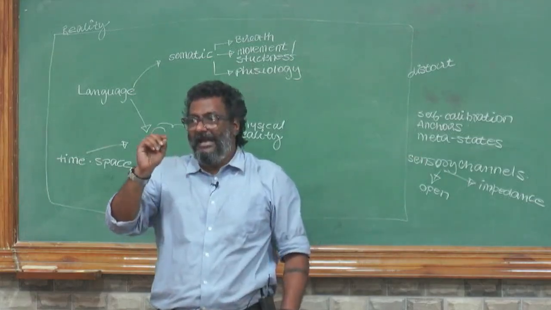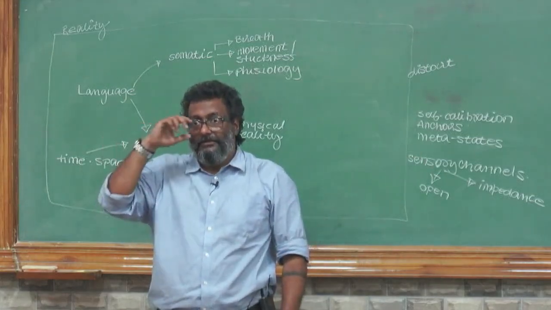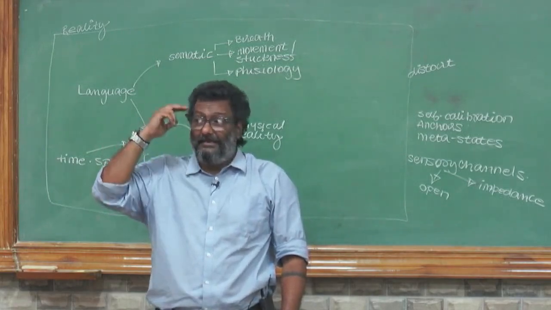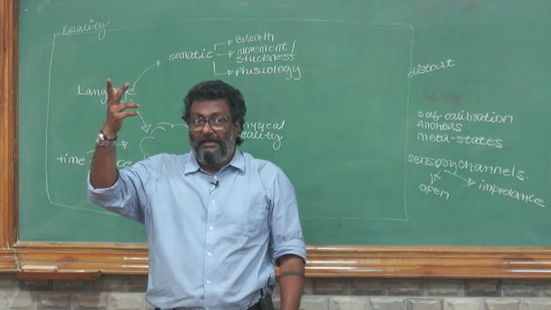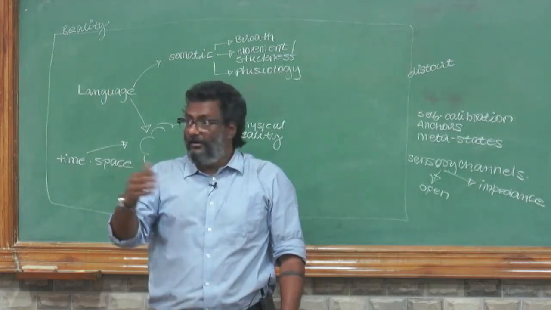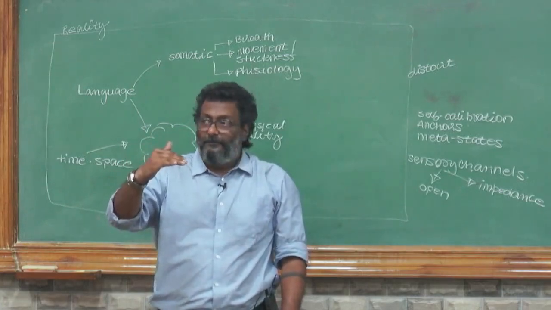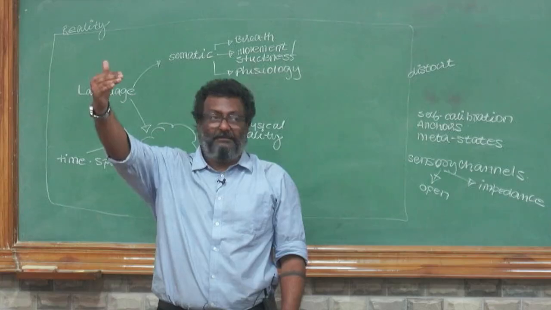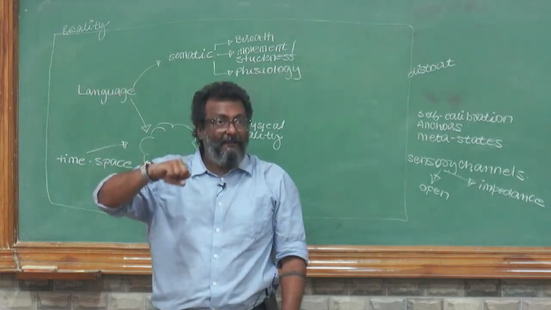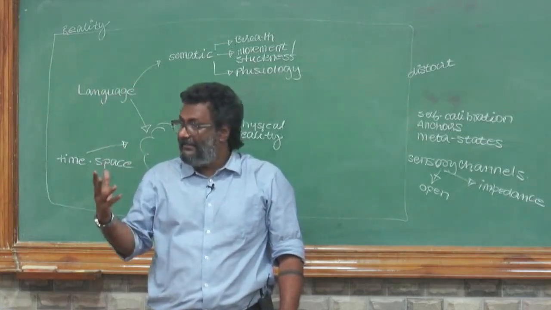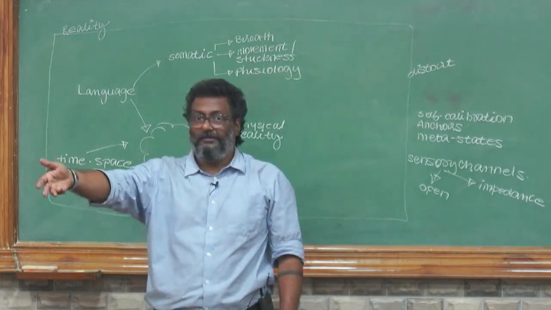So, do we have impedance? Neurological impedance, psychological impedance, anatomical impedance, biological impedance. Do we have blocks in our experiential channel? If we have, then we don't have access to the information that is in front of me.